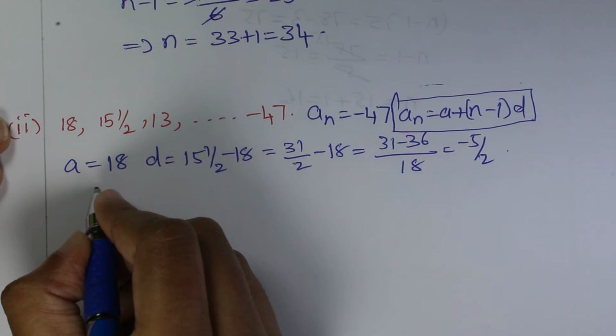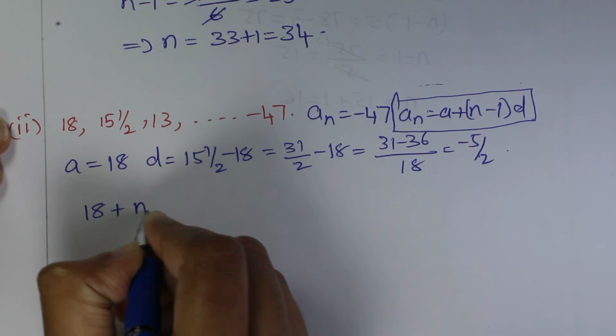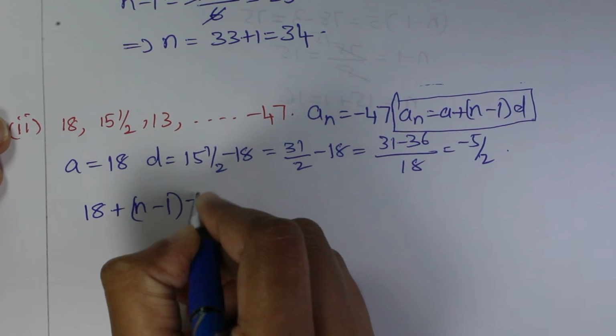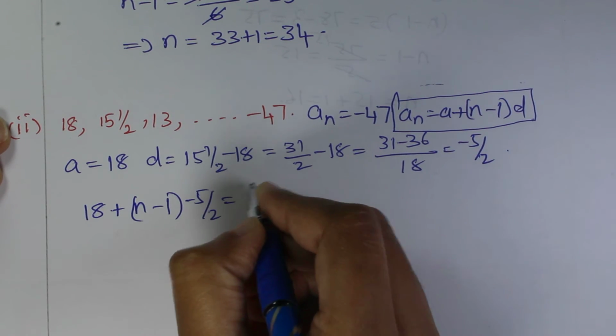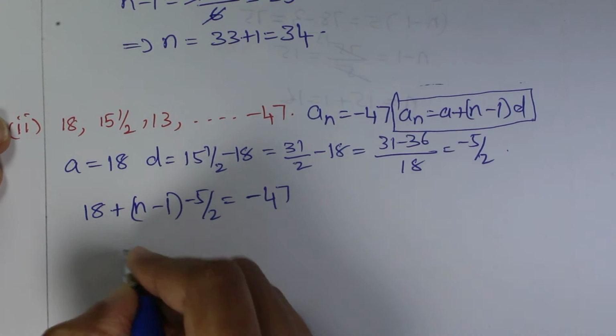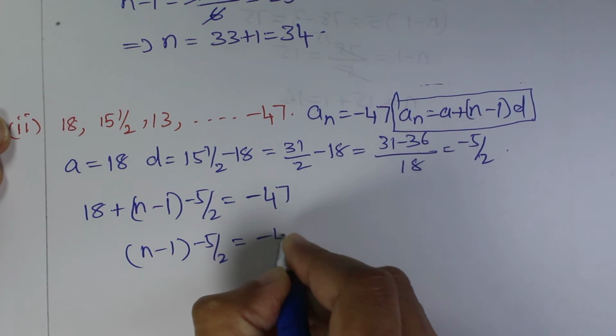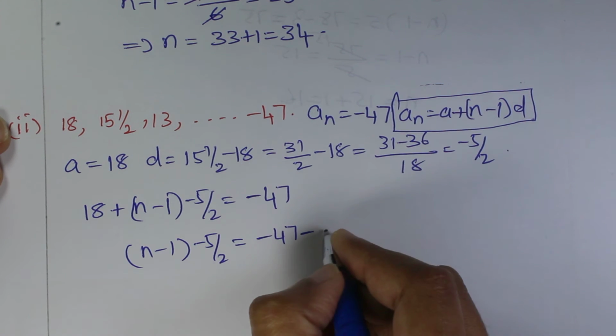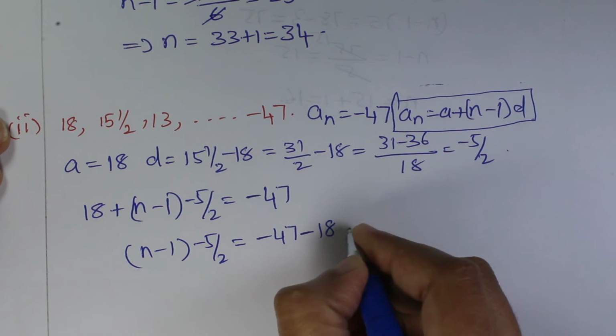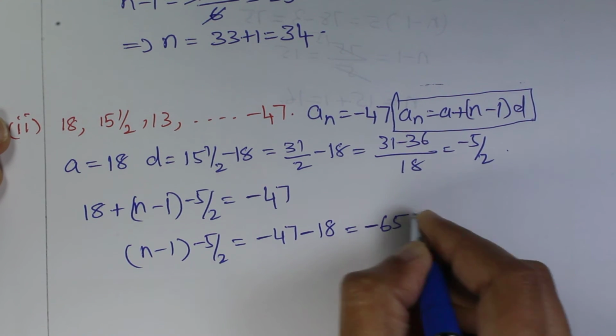So a is 18 plus n minus 1 into d, which is minus 5 by 2, is equal to minus 47. So n minus 1 into minus 5 by 2 is equal to minus 47 minus 18, that equals minus 65.